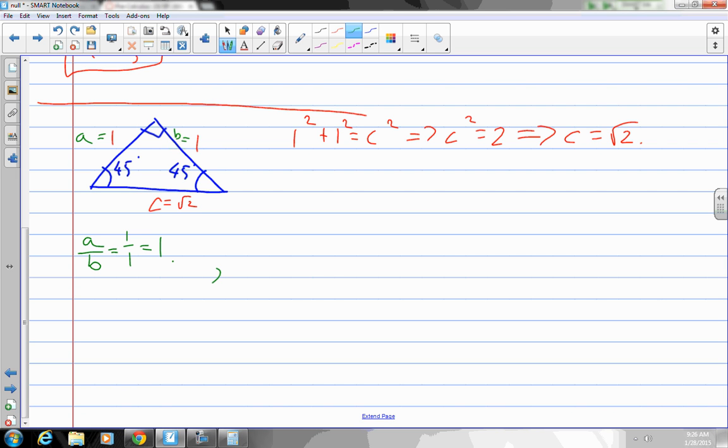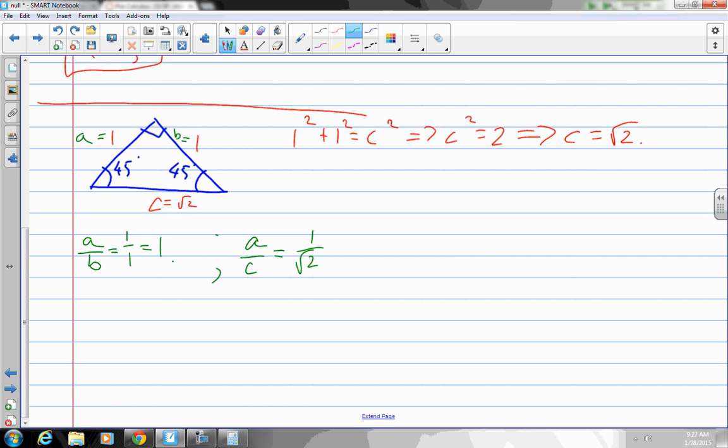But at the same time, if I ask you what is the ratio of A to C, what would that be in this triangle? One over square root of 2, right? Is that a polite way to express that ratio? How would you make it polite?